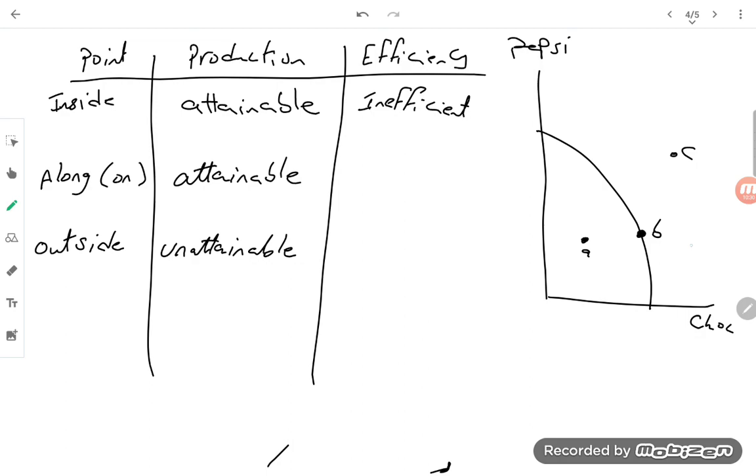Point B, which is a point along or on the curve, in this case, all our resources are fully utilized, so the point is efficient. And we cannot determine whether a point outside PPF is efficient or not, as we do not have resources to produce. So a point inside is attainable and inefficient. A point along is attainable and efficient. A point outside is unattainable.